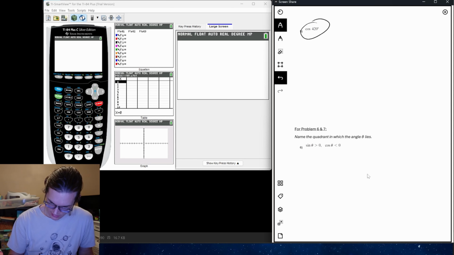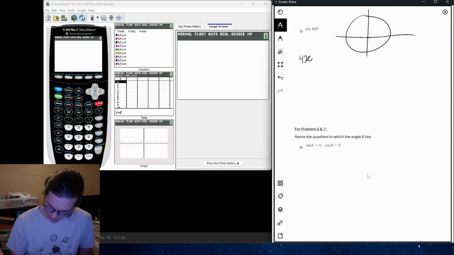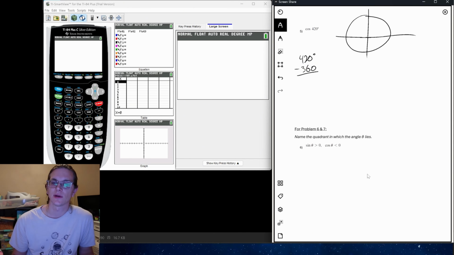If we want cosine of 420, we want 420 minus 360. So a trick I'm doing here, I guess I didn't say explicitly, is that if it's over a full rotation, you can just subtract the full rotation out, because then your terminal side, your final angle, is going to end somewhere in the second rotation.